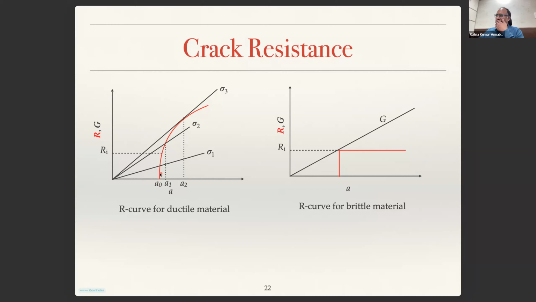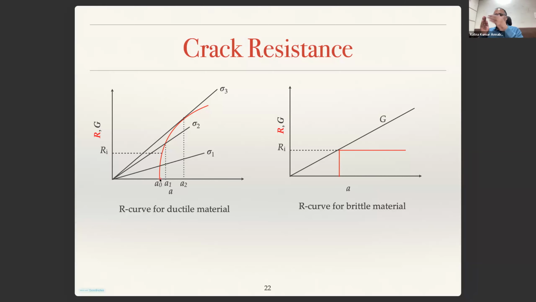Now, if you go to a ductile material, for a given system you will have some fracture toughness or material resistance. But as the crack grows, the crack initially is very sharp, but because it is a ductile material, the stress state ahead of the crack tip is going to be very high, and that is going to cause plastic deformation.